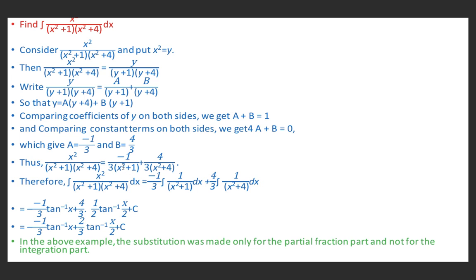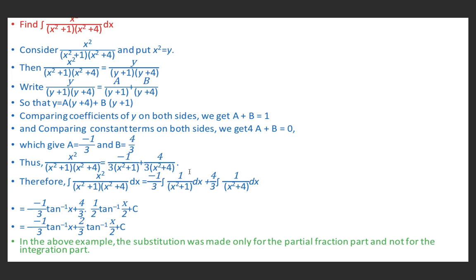You can do it in two steps also. First write y plus 1, y plus 4 here. If you substitute the values of a and b here, then substitute the value of y, which is x square. I have written it directly because y is x square, a is minus 1 upon 3 and b is 4 upon 3. So this given rational function is equal to this function.